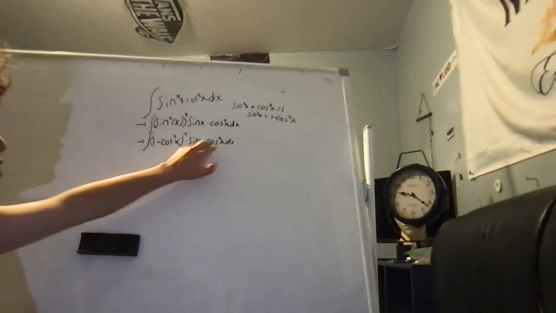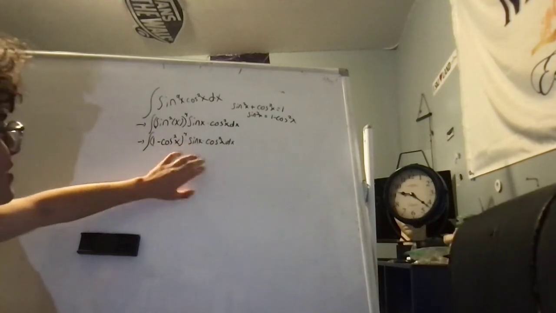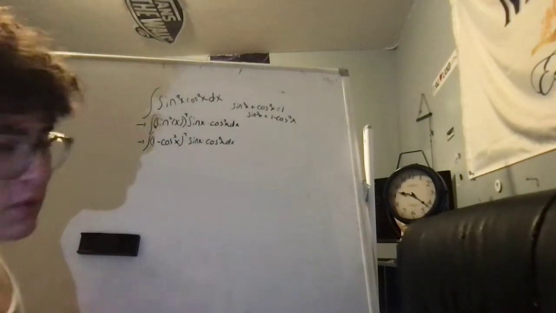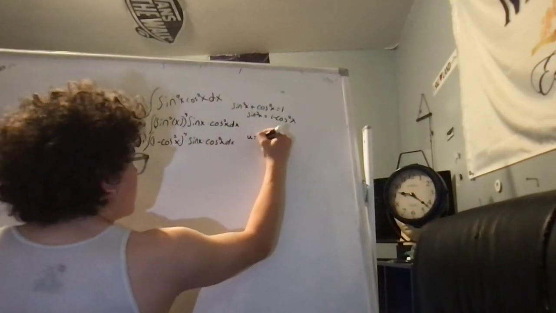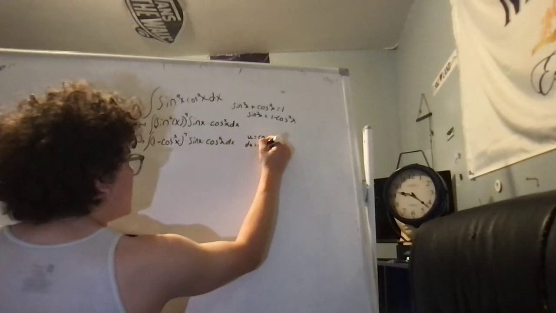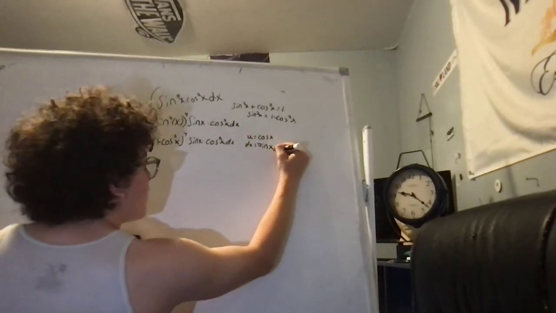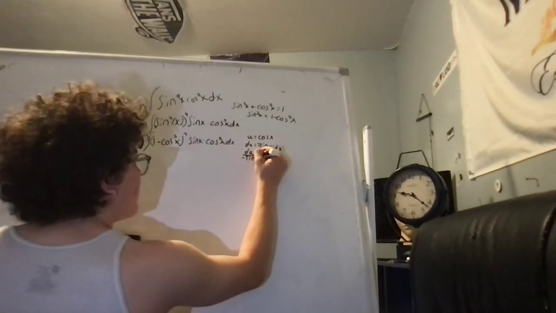Now a few things we notice. We see that cosine and its derivative sine are here, so a simple u substitution is going to work to simplify this. So setting u equal to cosine x, du equals negative sine x dx, and thus du over negative sine x equals dx.